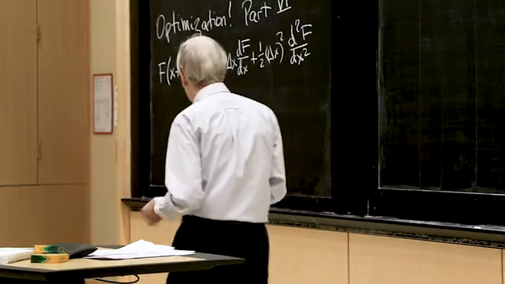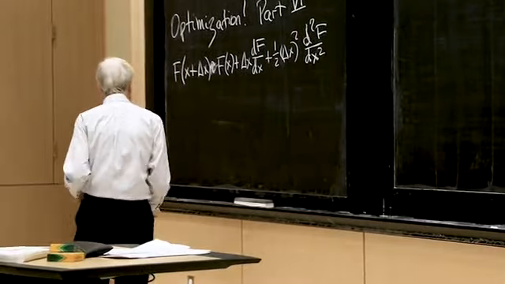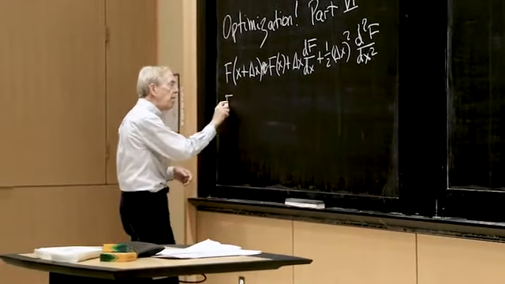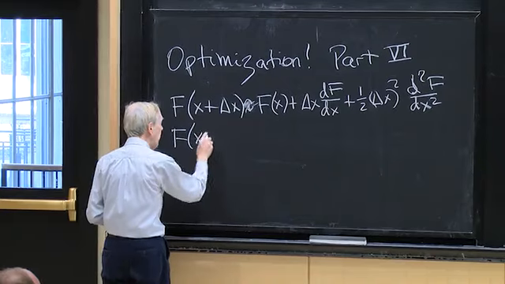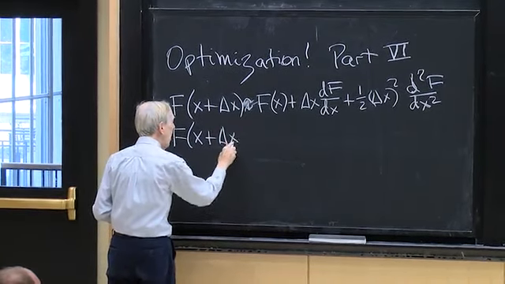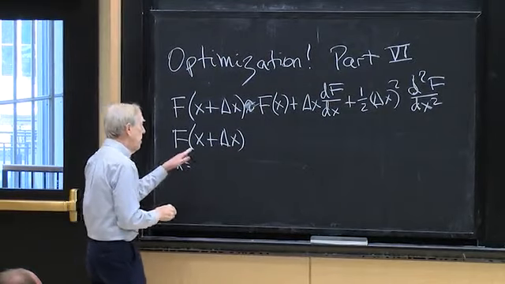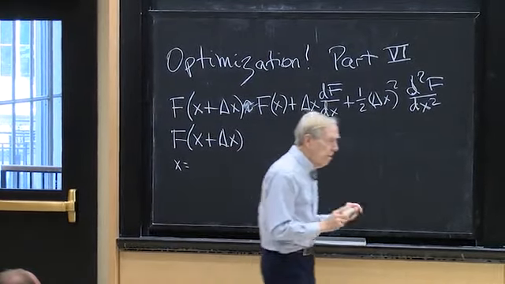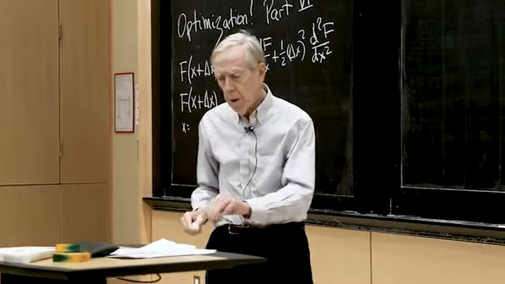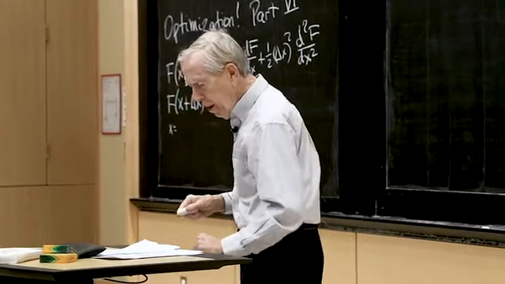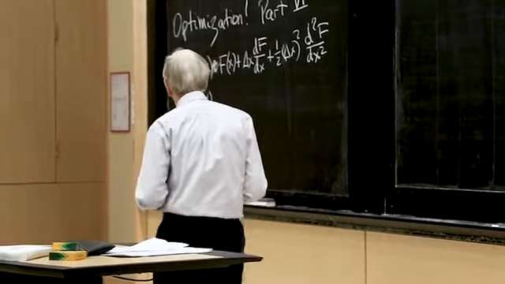So what do I have to change if f is a function of more variables? I want n variables here.